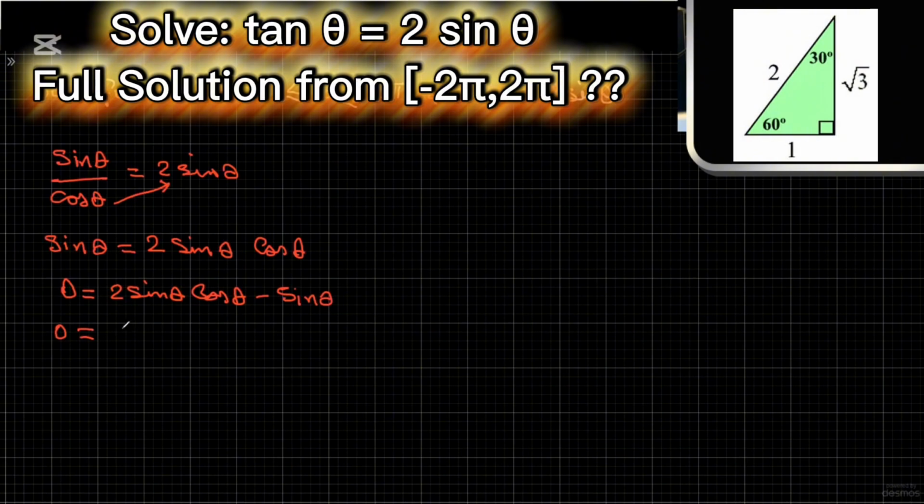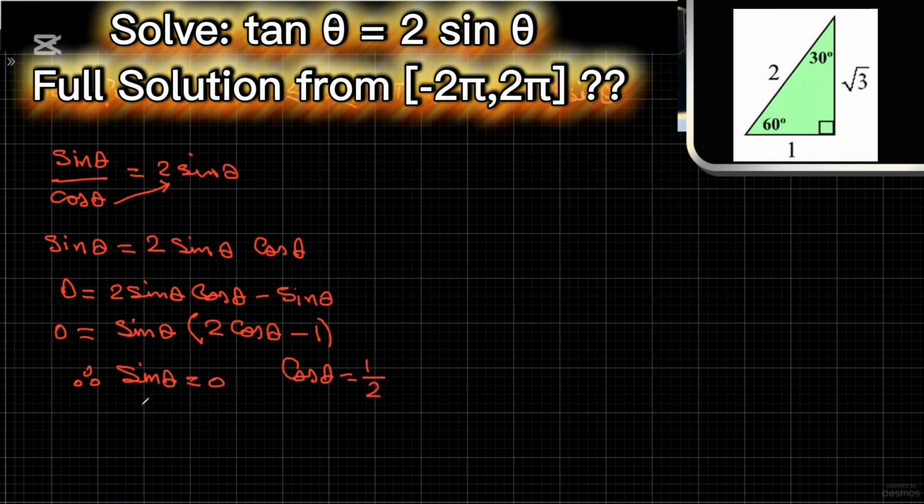So the greatest common factor is sine theta, and then you end up with 2 cos theta minus 1 in the brackets, and therefore from here, sine theta would equal 0, and from this you'll end up with cos theta equals 1/2.